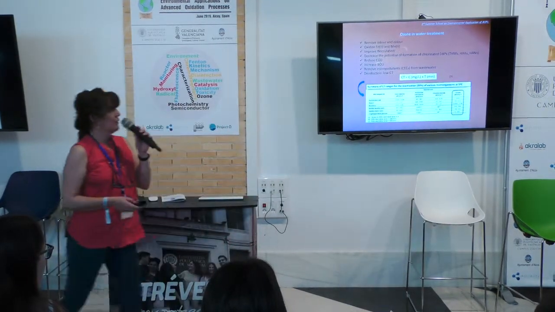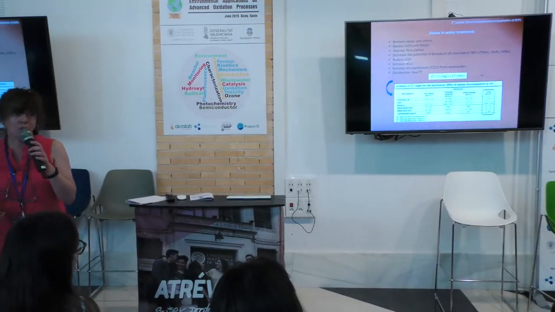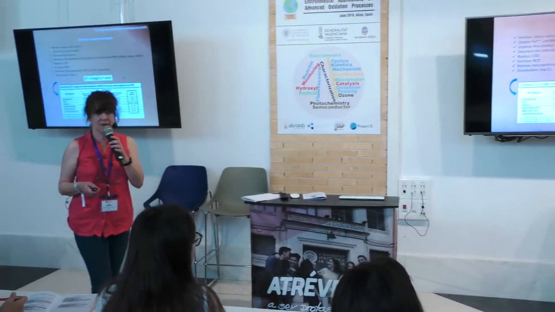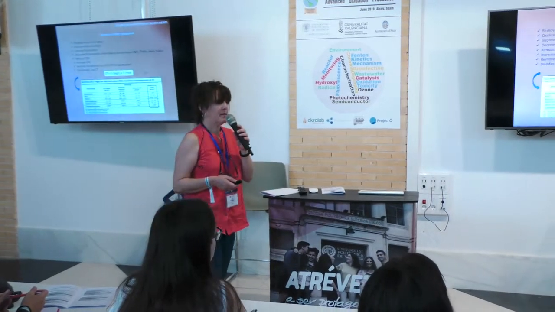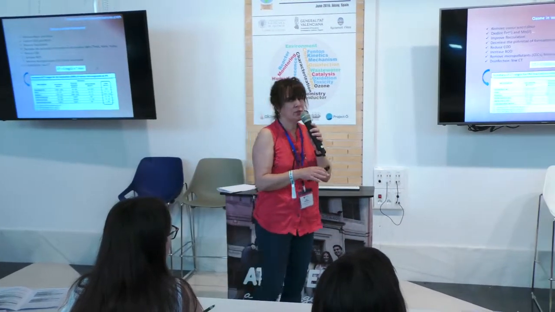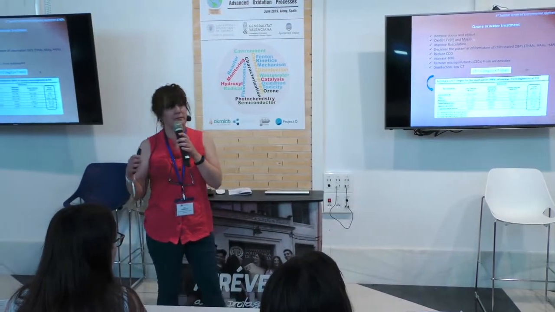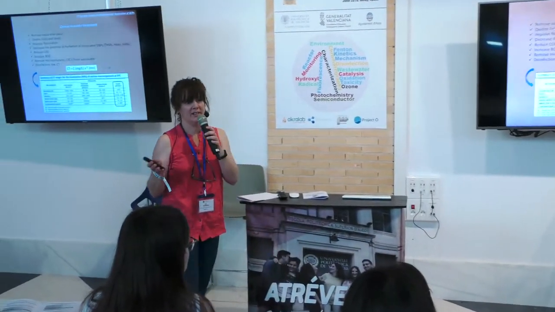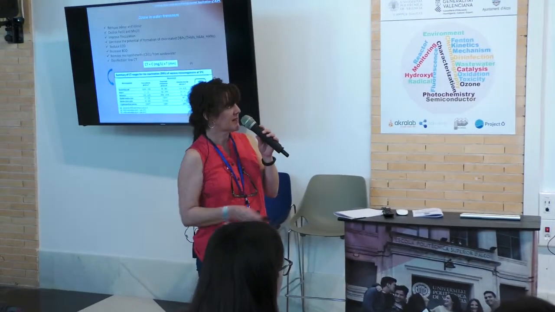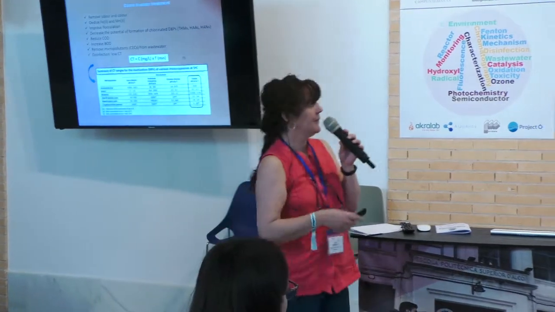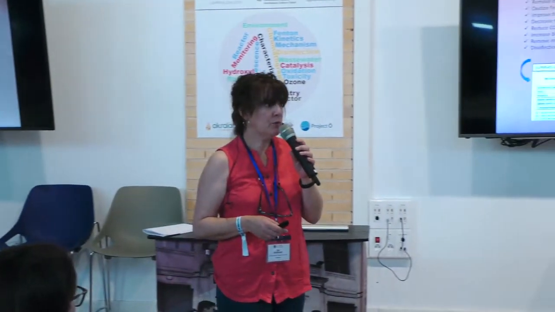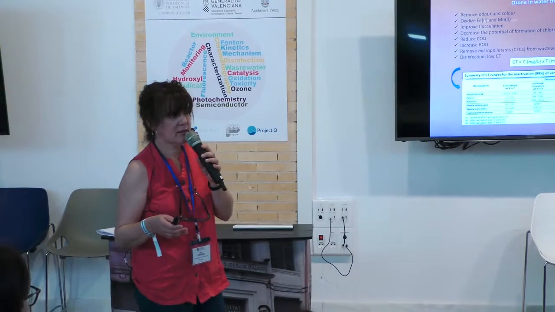We can use ozone in water for many different purposes. Some of them have been used only at lab or bench scale and probably will not be feasible at industrial scale, but most of them are listed here. We can use ozone to remove odor, color or taste.